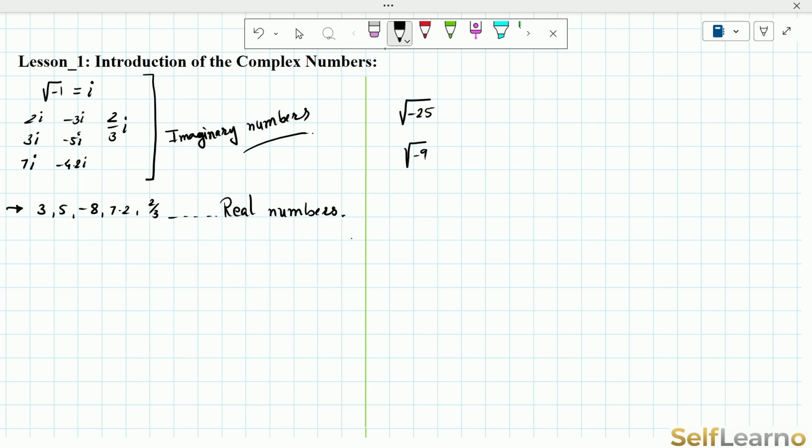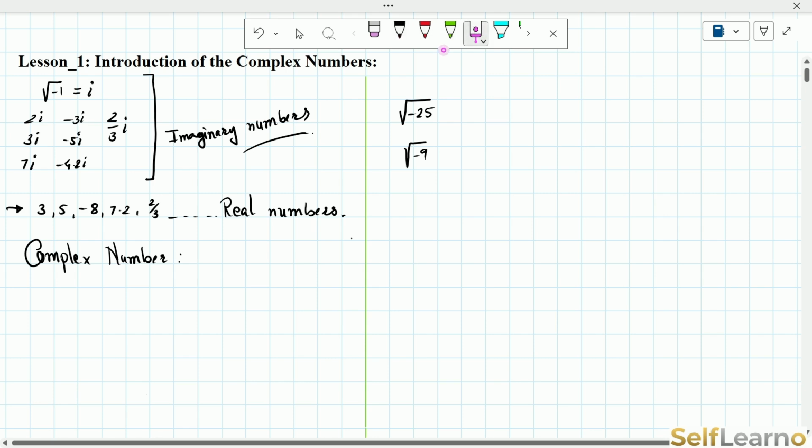But the question stays over here. What do we mean by a complex number?